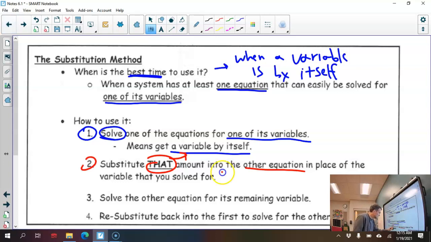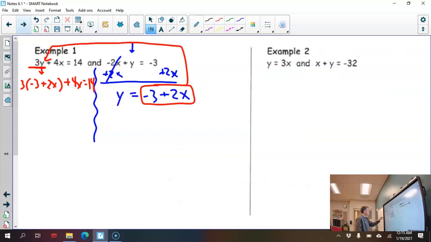So I think we should write that: rewrite the equation when you make the substitution. Now it gets easy. Step 3, I just need to solve the equation for the remaining variable. Now this equation only has one variable in it. It's only got x's. And you guys are awesome at solving equations with one variable. I would distribute the 3, giving me -9 plus 6x plus 4x equals 14.